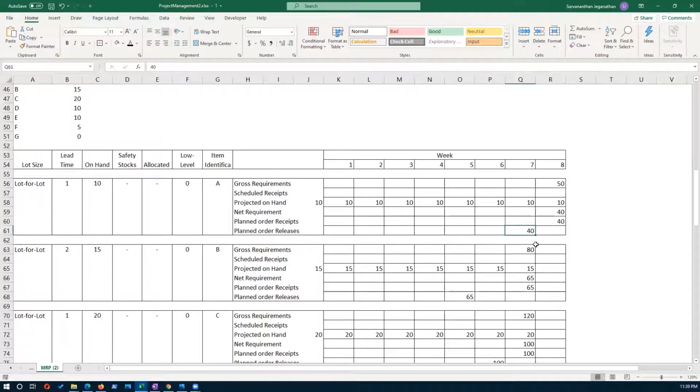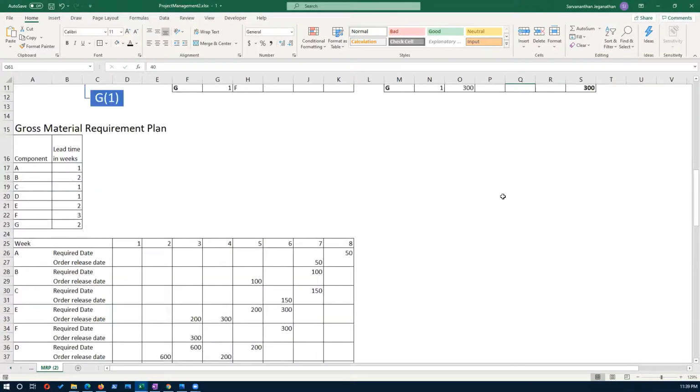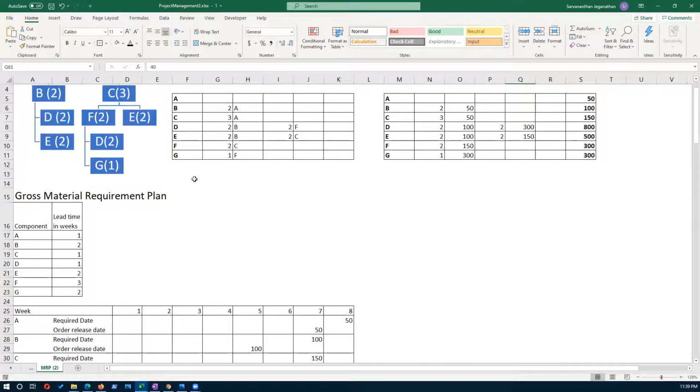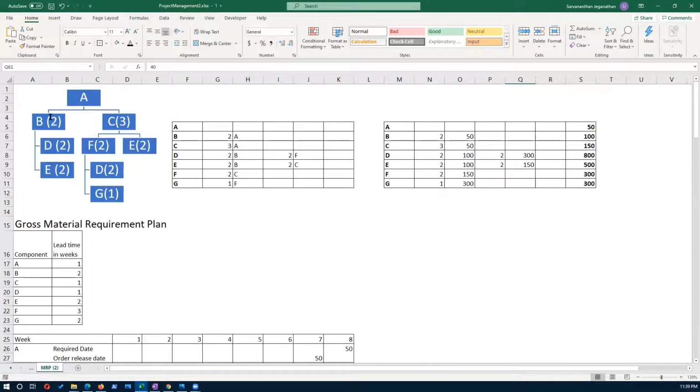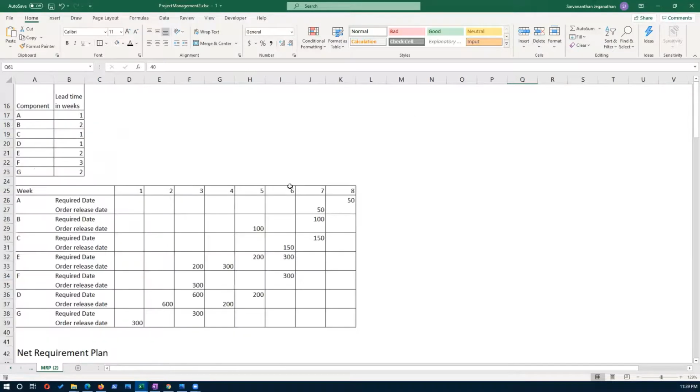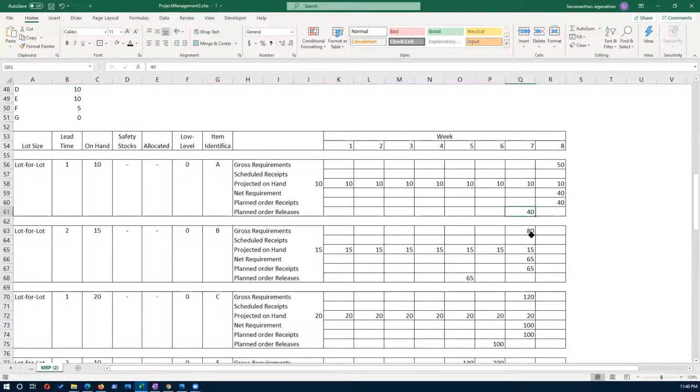So we'll be ordering 40 of A. If we are going to manufacture 40 of A, then we need 80 units of B, because each A has 2 units of B, and 3 units of C. Based on that logic, this is going to be 80.